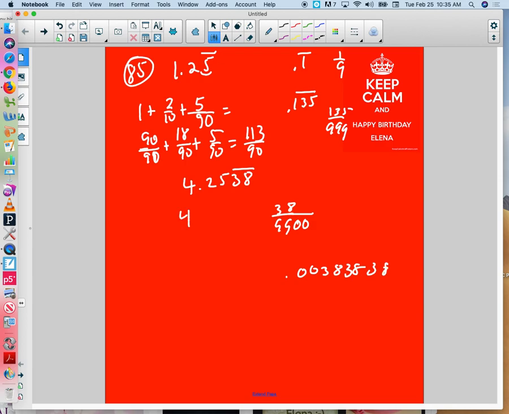Then I add on the 4 and the 25 100ths, okay? And you could get common denominators, or you could type it in your calculator like this. Let me pull up the calculator.